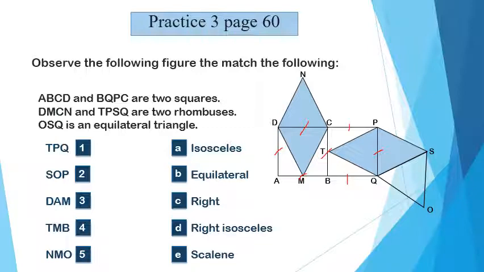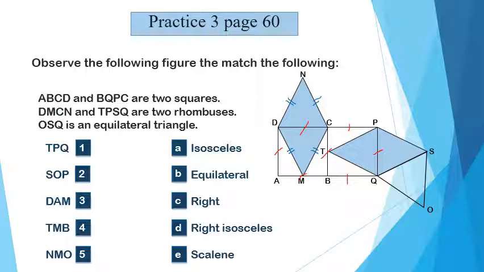Now the second line, DMCN and TPSQ are two rhombuses. DMCN is a rhombus, so it has 4 equal sides. I can say that DN equals MC equals CN equals DM. Since in a rhombus the 4 sides are equal, the same idea is applied in TPSQ.